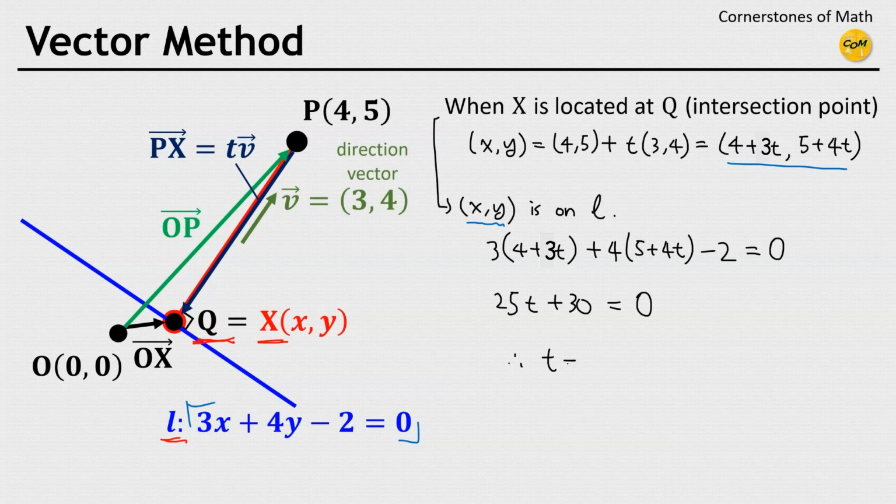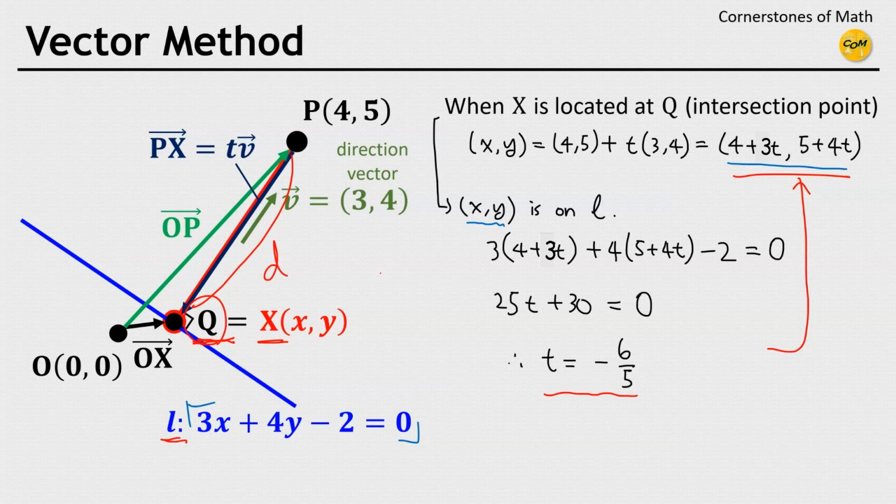So we have t equals -6/5. So by substituting this value of t at here, we can find the coordinates of point Q and then calculate the distance from point P to line L.